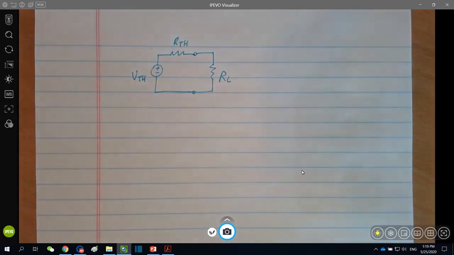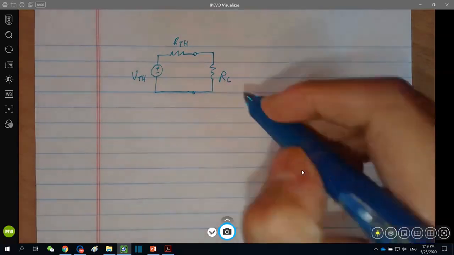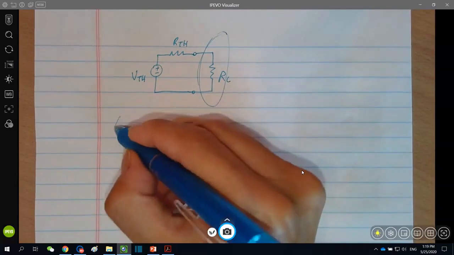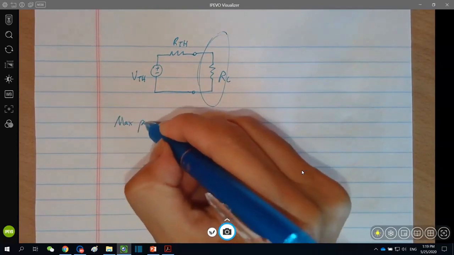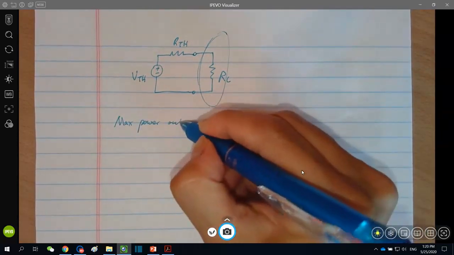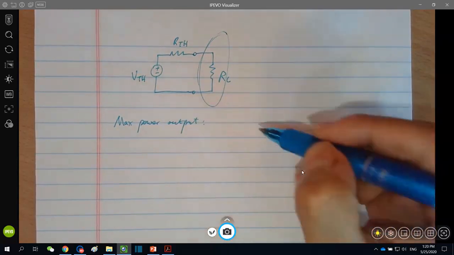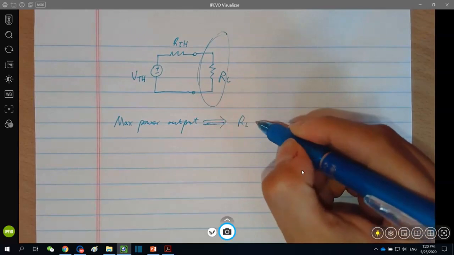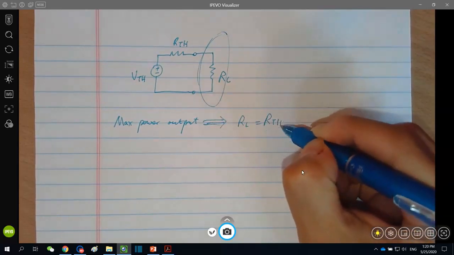We are seeing a circuit like this. The source is VTH, and it has a Thevenin equivalent resistance RTH, feeding a load RL. First, the maximum power output means our RL is equal to RTH.